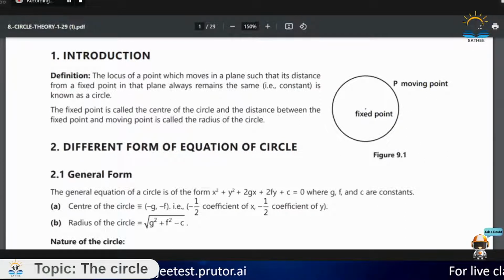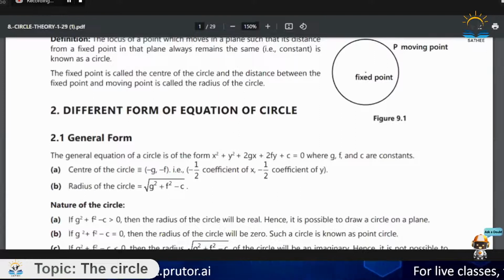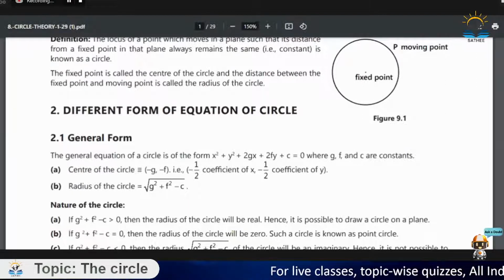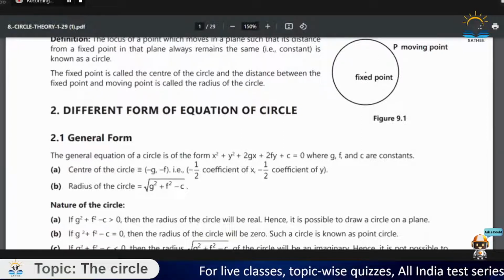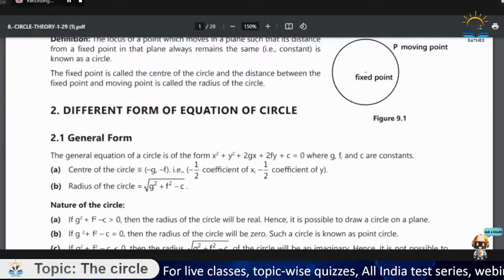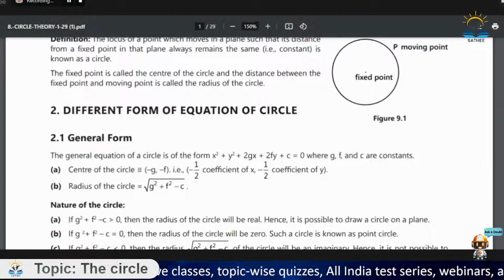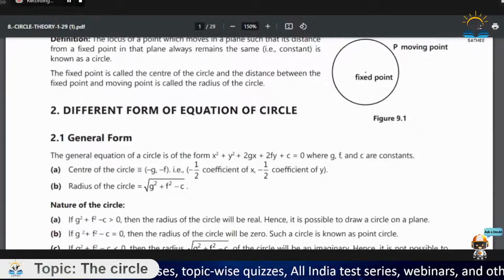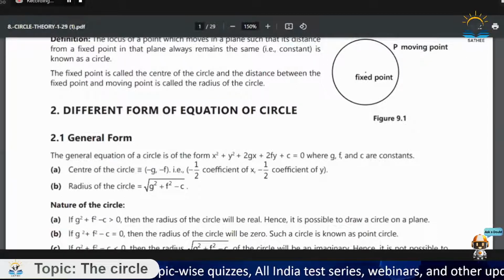Now let us see the different forms of equation of a circle. First, the most general form, the general form of a circle, is x square plus y square plus 2gx plus 2fy plus c is equal to 0, where g, f, c are constants. Basically this is a homogeneous equation of degree 2.